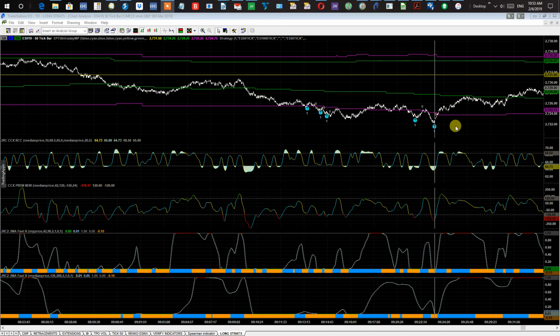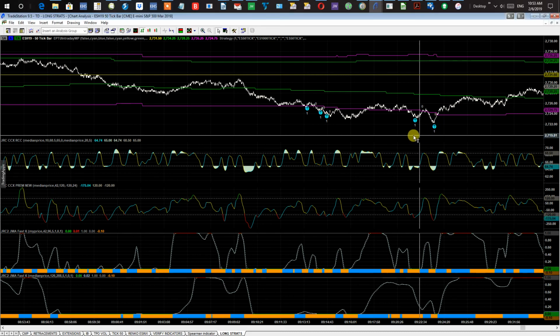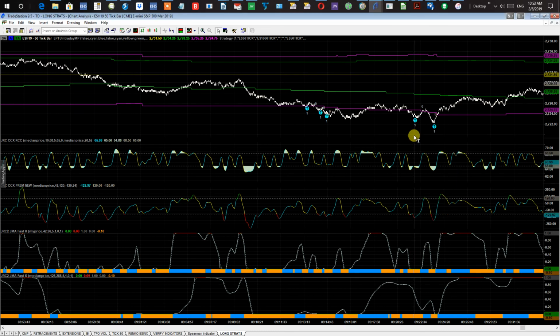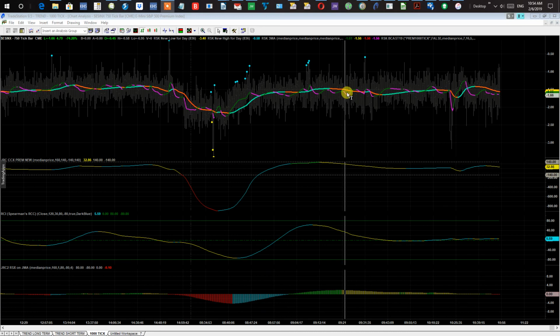Why do we get a signal here? Well, keeping in mind, we've got a variety of different conditions that we've programmed into the strategy. We want the trader to look very closely at what the premium is doing to help him decide whether or not he should take that signal. And as you can see, we're actually sloping down at this particular time.